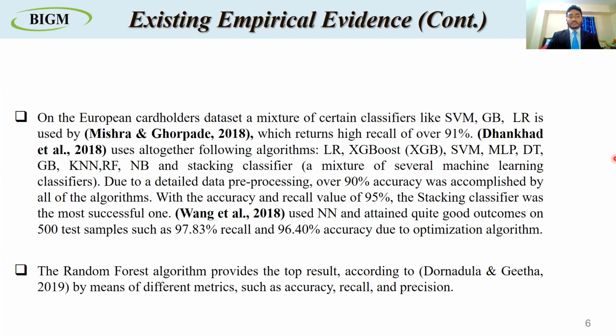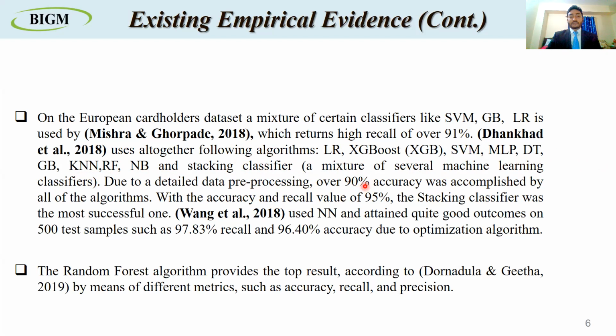Dhankad and others in 2018 use altogether the following algorithms: logistic regression, XGBoost, support vector machine, MLP, decision tree, gradient boost, KNN, K nearest neighbor, random forest, naive Bayes, and stacking classifier, which is a mixture of several machine learning classifiers. Due to a detailed data pre-processing, over 90% accuracy was accomplished by all of the algorithms.